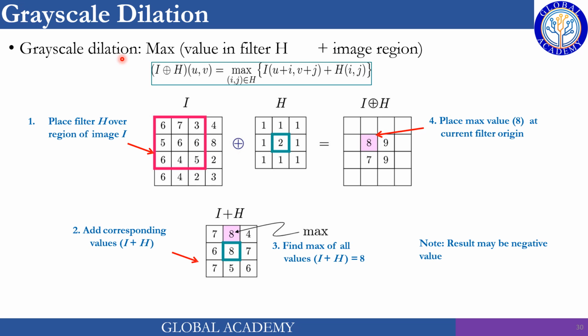So grayscale dilation, max of values in filter H plus image region. So we have this structuring element, all ones and 2 in the center, and this is the image.